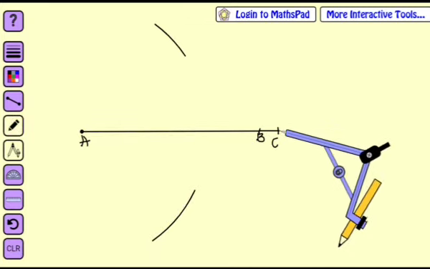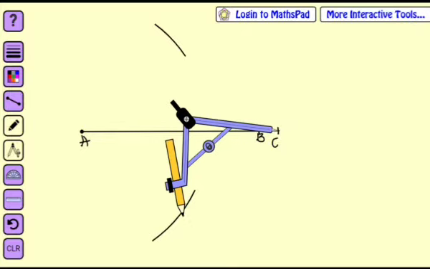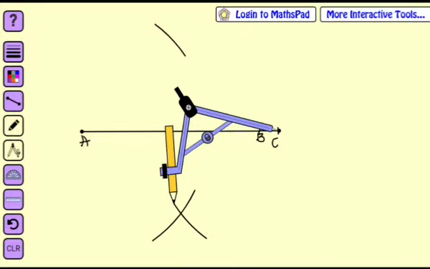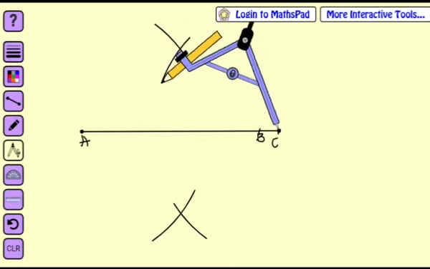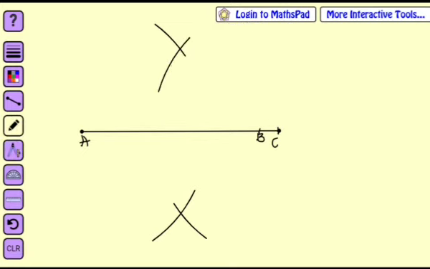This is how we make a perpendicular bisector, right? Now we'll join both the points that we have found like this. The point where this line intersects AC is the midpoint of AC. We are marking that point as D.